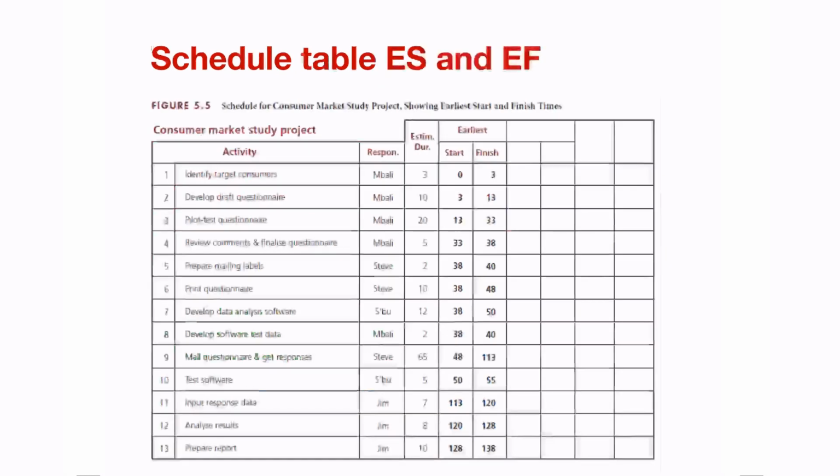And we can only really look at it once we have a look at all of our activities in our table of early start and early finish, which is our schedule table. And here you'll see there's a breakdown of all the tasks and the person responsible with the duration of those tasks and the early finish and early start times of those.